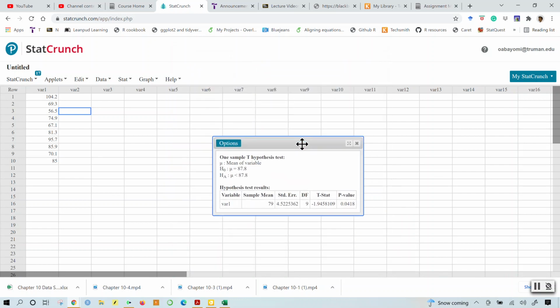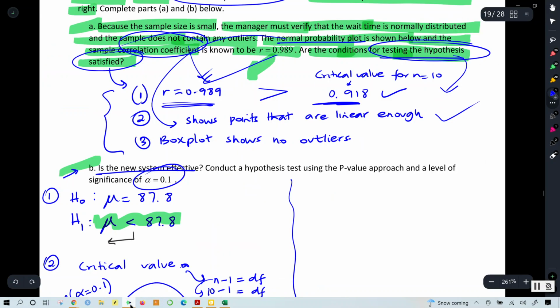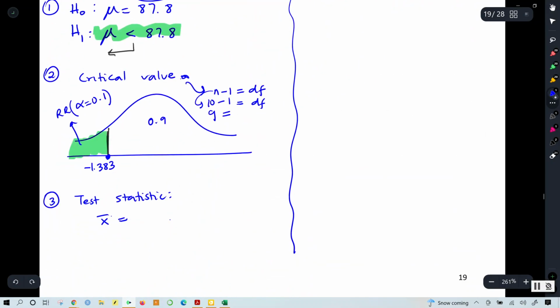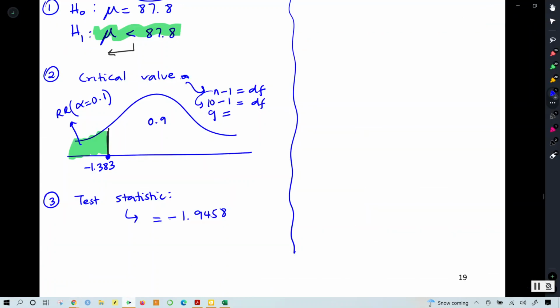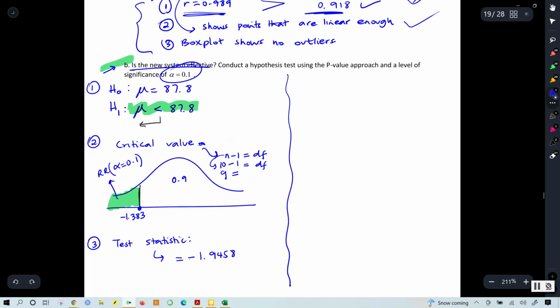So let me drag this up, and I have my t-stats here, which is my test statistic. So this is negative 1.9458. So my test statistic is negative 1.9458. Let's check that. Negative 1.9458, yes. Okay, then with that said, we can proceed.